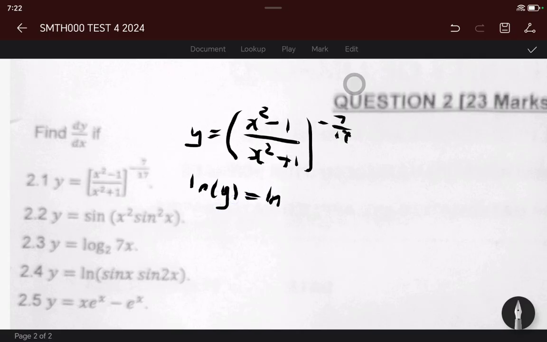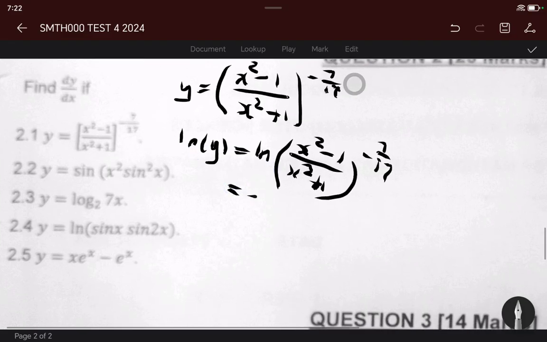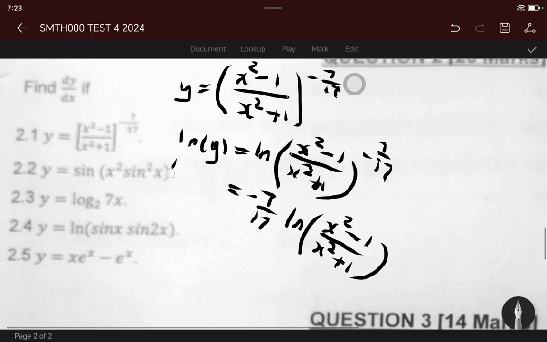You introduce ln, so you have x squared minus 1 over x squared plus 1 with that exponent. Then now we can drop the exponent. We have ln of x squared minus 1 over x squared plus 1. This is ln y.